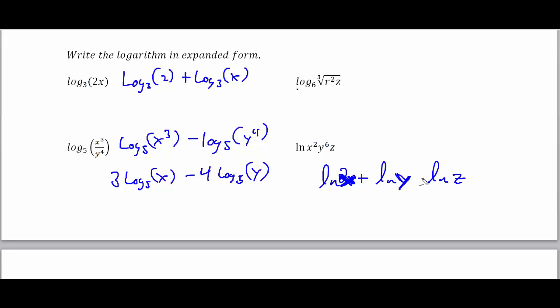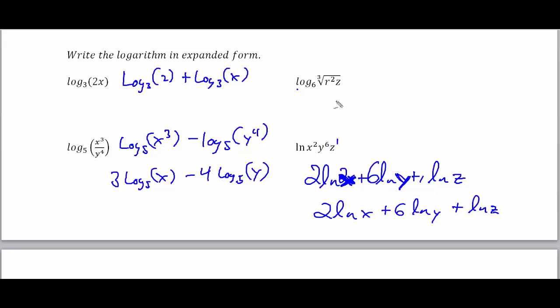And these are all getting added because basically they have multiplication. Multiplication just means addition. But the 2, let's put that in front. The 6, let's put that in front. And the power of 1, put that in front. So my final answer is 2 natural log x plus 6 natural log y plus 1 natural log z. And we wouldn't write the 1 in front of it.